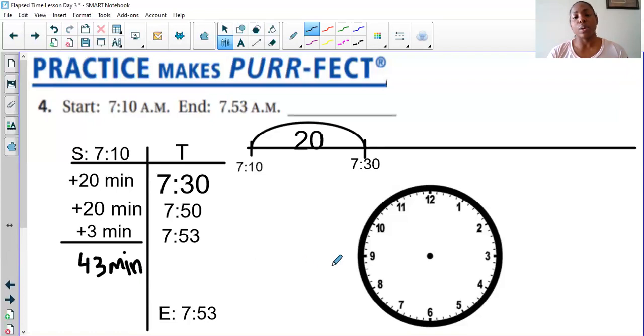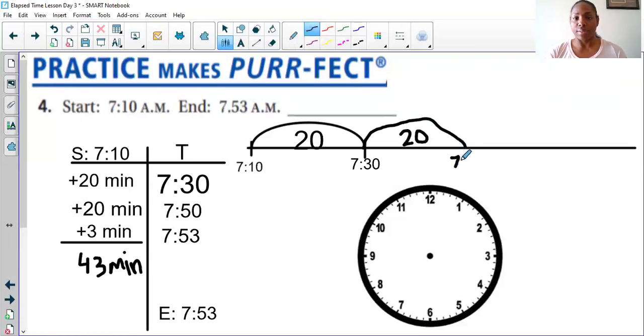So 43 minutes. Now I'm going to do the same thing over here by making another jump of 20 minutes, just like we just did, and another jump of 20 minutes, and I'll put my 20 right in here. I like to put it on the inside. Sometimes I put it on the top, it just depends.